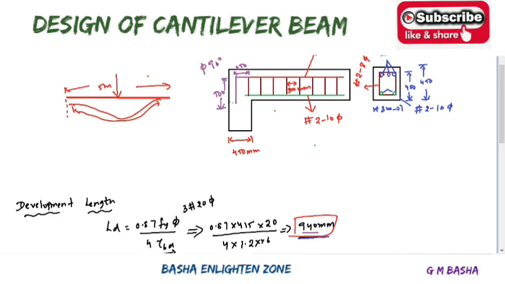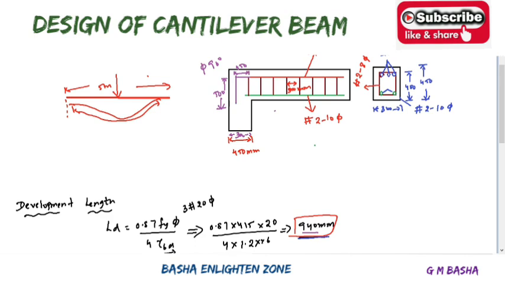For example, you can take the column size as some 300 mm. You can provide 250 here, and extend the remaining part into the column. Like this, you can provide the development length of the bar. So I am again explaining: the amount of reinforcement bar length needed to project into the column provides the desired strength between steel and column.